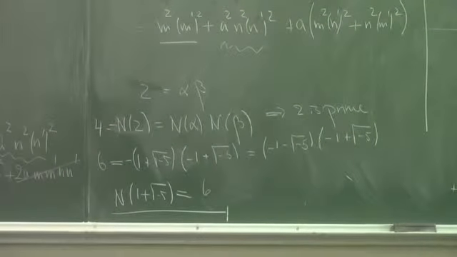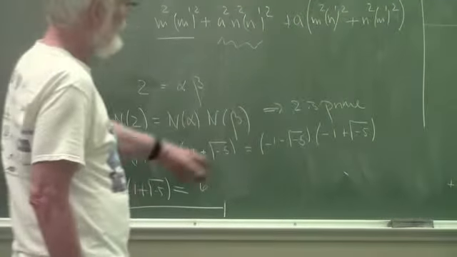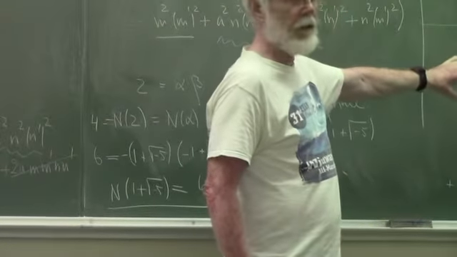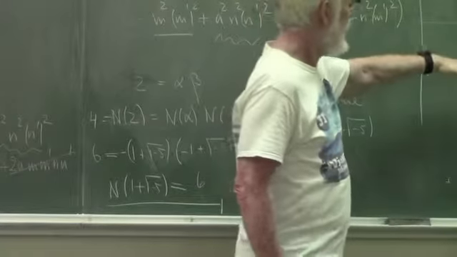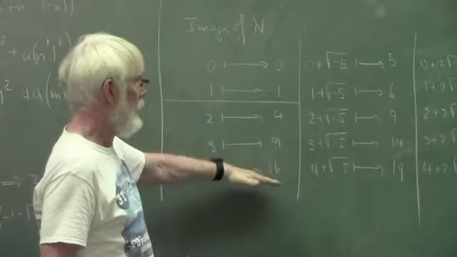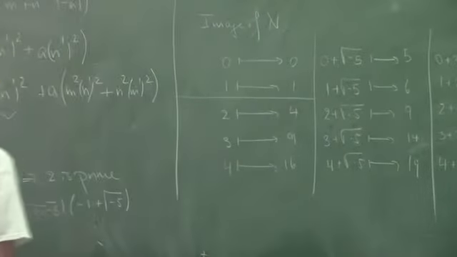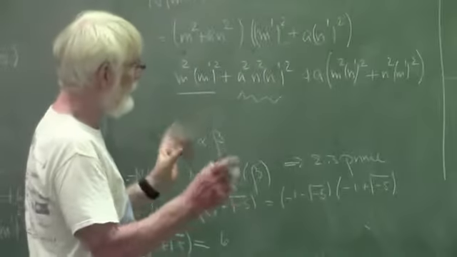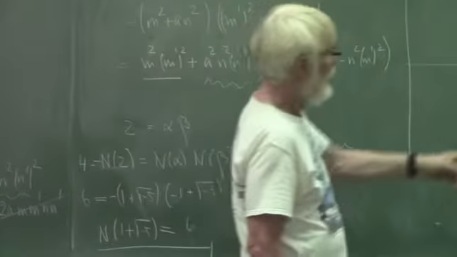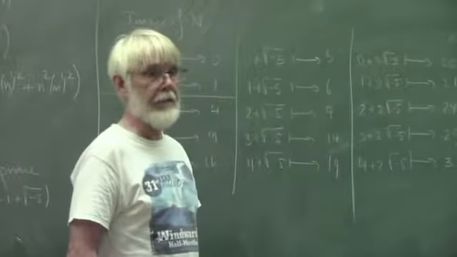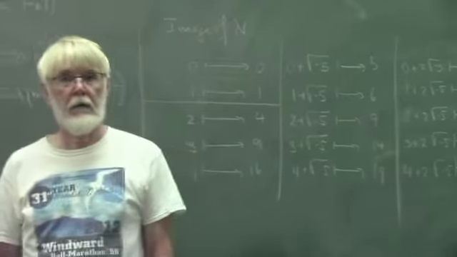But there is no way to write 6 as a product of two numbers below this line, right? If you wrote it as a product like this, you would have to multiply the norms. And you get 1, 6 here, but we have 2 factors, and each of them is at least 4.